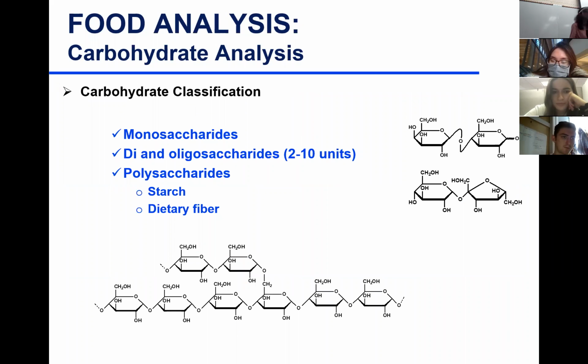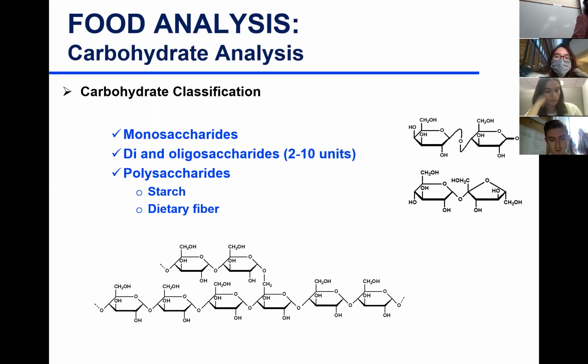So again, just to remember what different carbohydrate classes we have. Monosaccharides, so sometimes we need to determine what are the different monosaccharides we have. For example, this is important. We did that in our lab when we were looking at a new crop and looking at the different dietary fibers in these crops and trying to classify them.